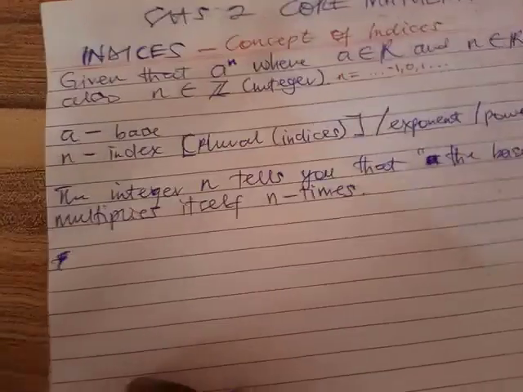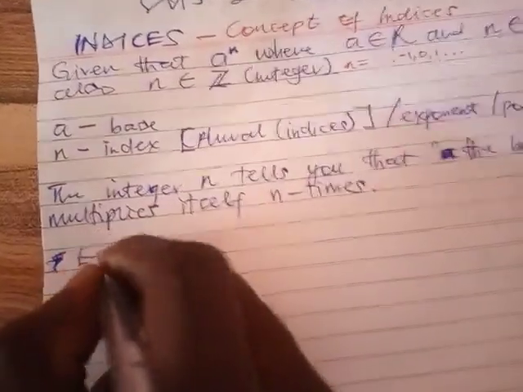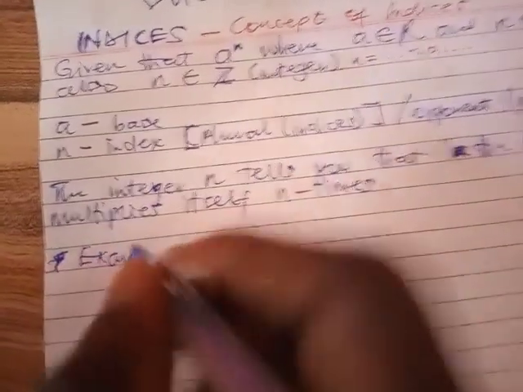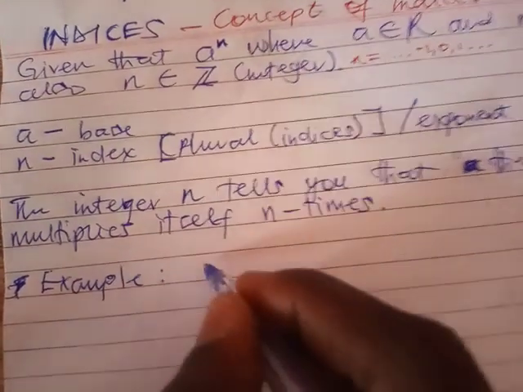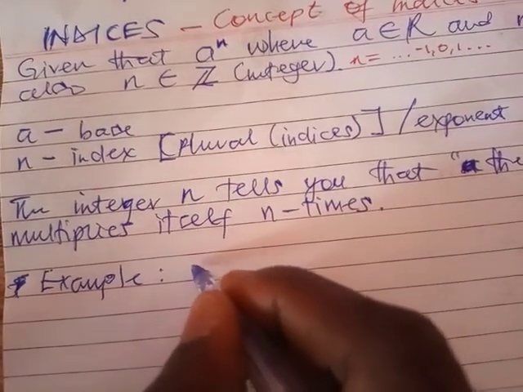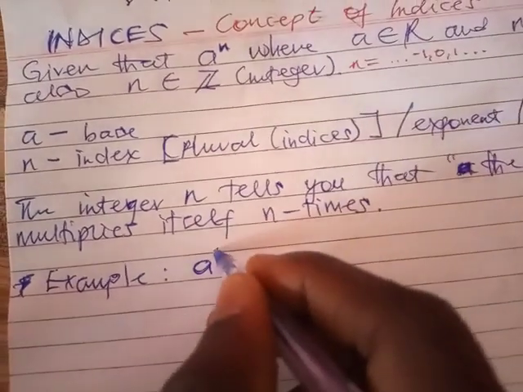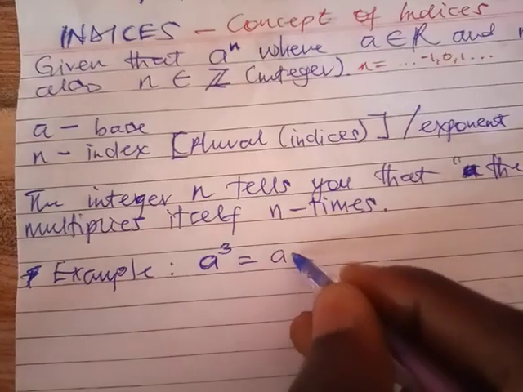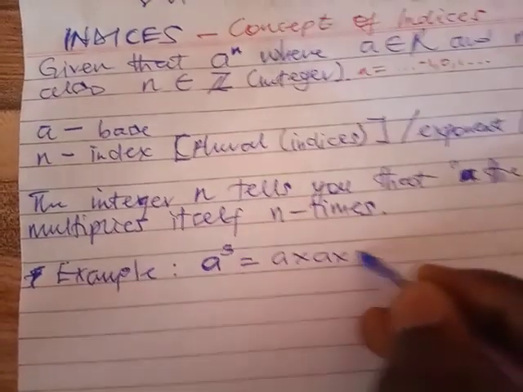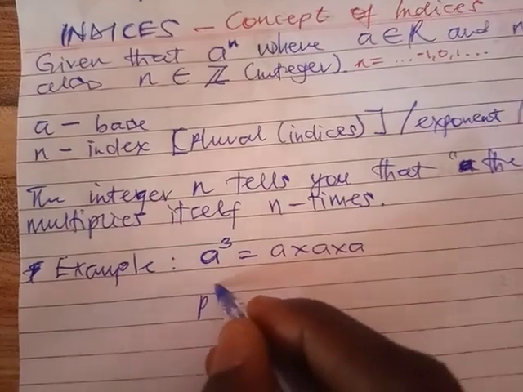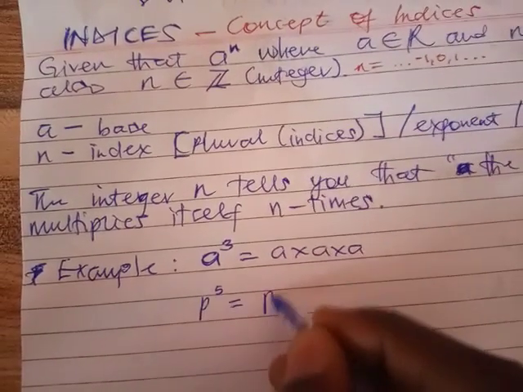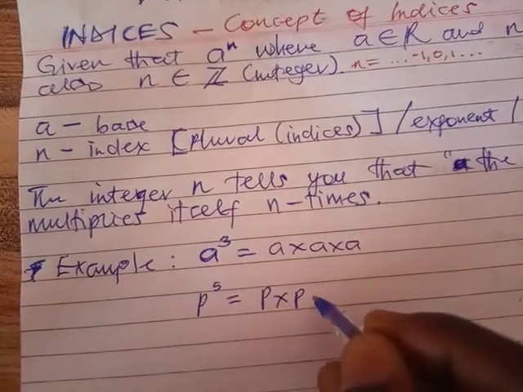So what we are trying to say is, let's look at this. If I have a raised to the power 3, it means that a will multiply itself 3 times. If I have p raised to the power 5, it means p multiplies itself 5 times.